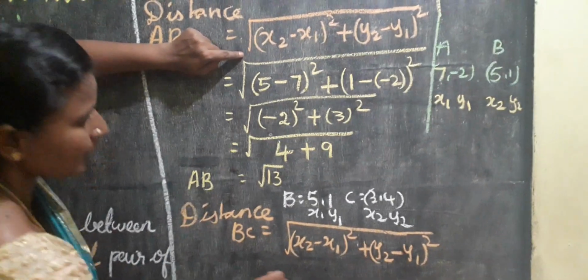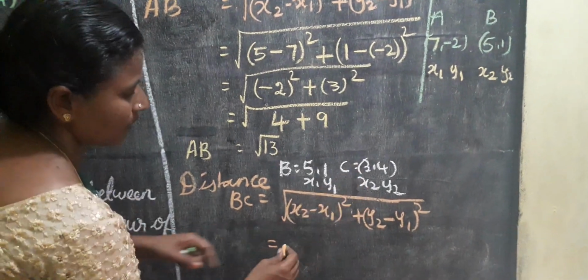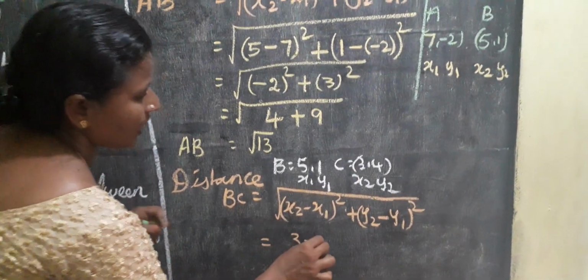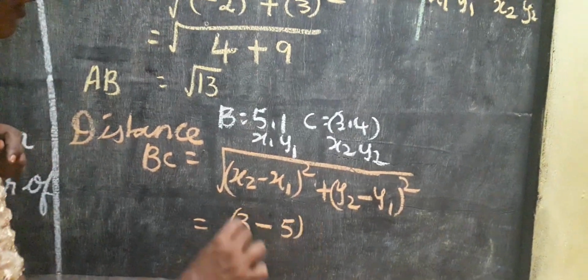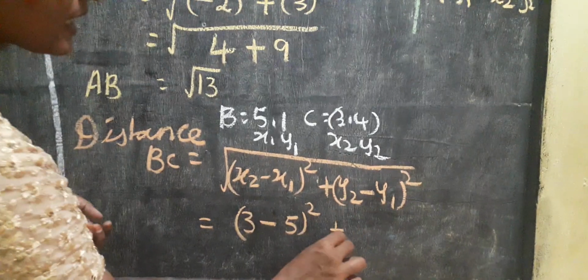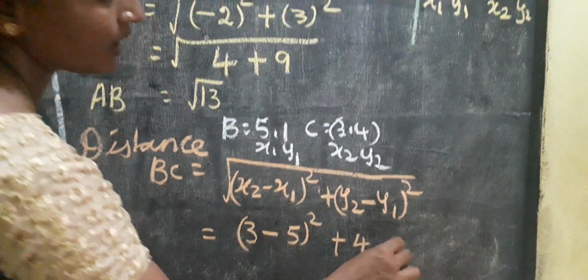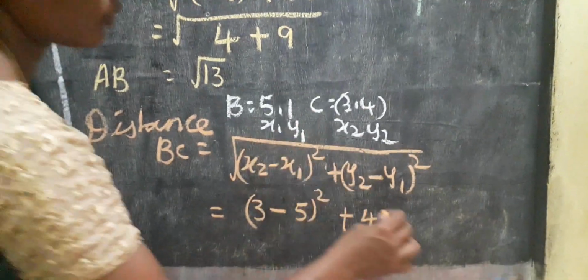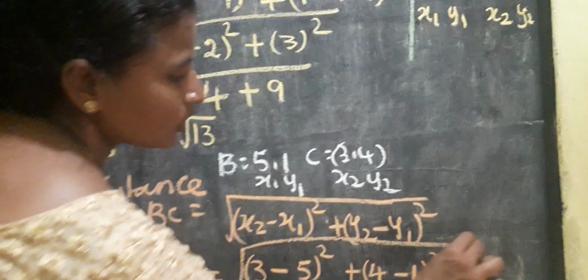Next apply the values. What is the value of x2? 3. 3 minus x1, which is 5. 3 minus 5 whole square plus y2. What is the value of y2? 4. 4 minus y1. What is the value of y1? 1. Bracket whole square, the square root of.